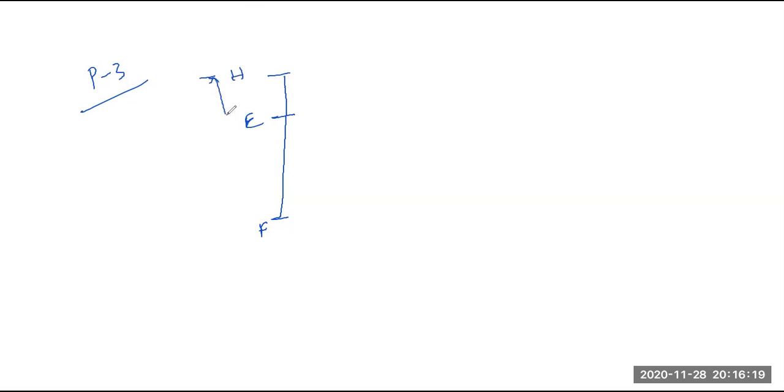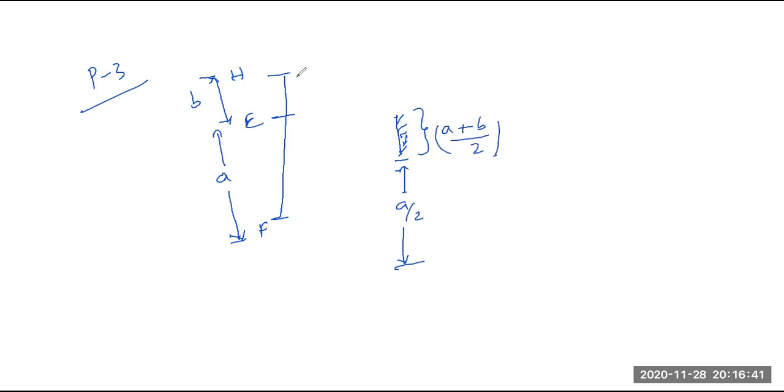Let us call this distance B, and this distance A. The mirror must be placed at a height of A by 2, and the height of the mirror must be A plus B by 2 to see the complete image from feet to head.